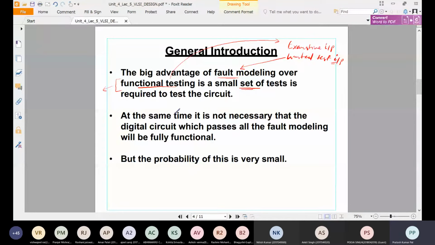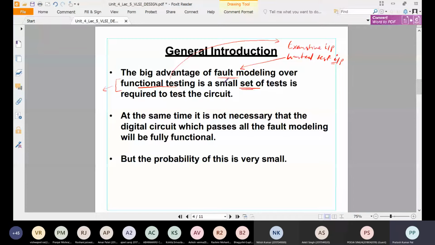At the same time, it is not necessary that a digital circuit which has gone through fault modeling will be fully functional. If we have performed fault modeling on a digital circuit, it does not mean that it will not have any faults.